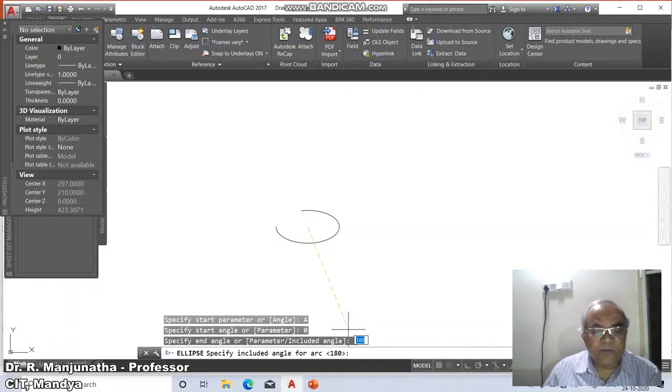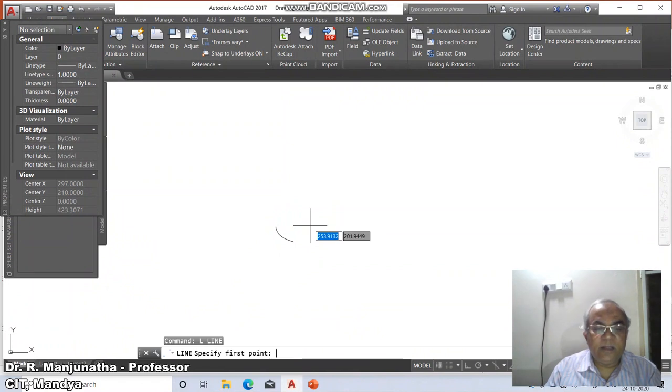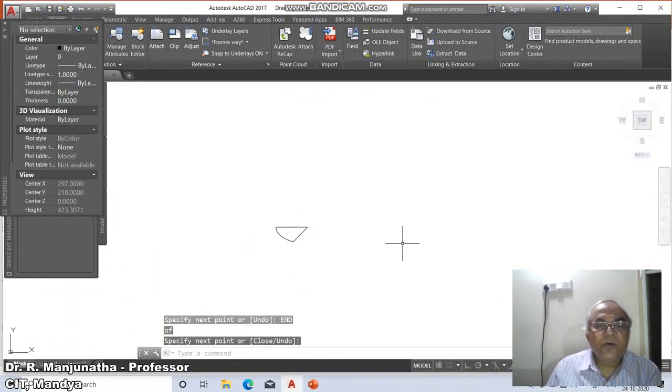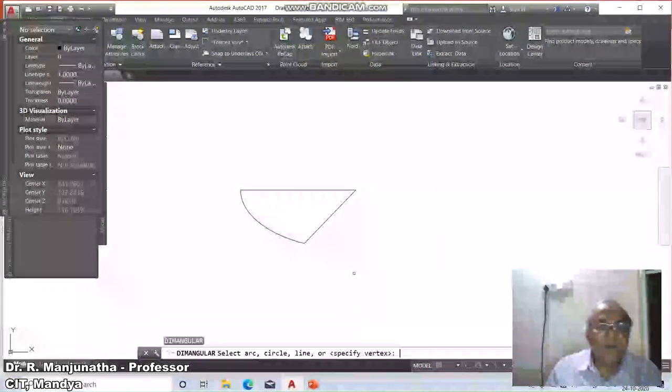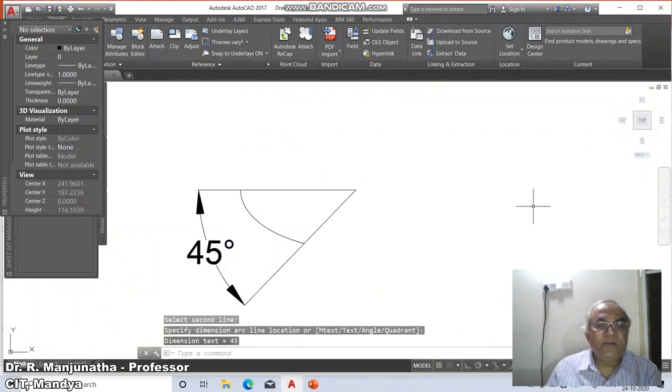Now in this case I want 45 degrees, so take 45. What it does is it measures this angle: the endpoint of this, to the center of this, and then the endpoint of this. So the angle between these two is going to be 45 degrees.